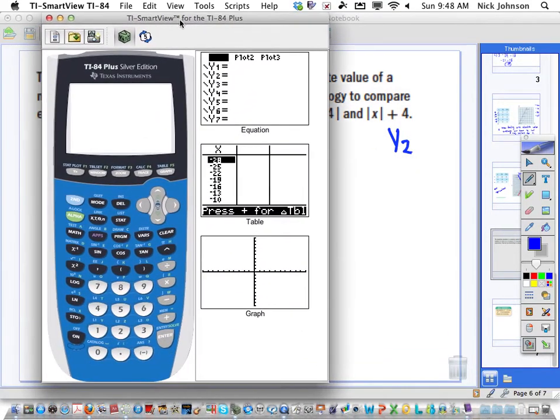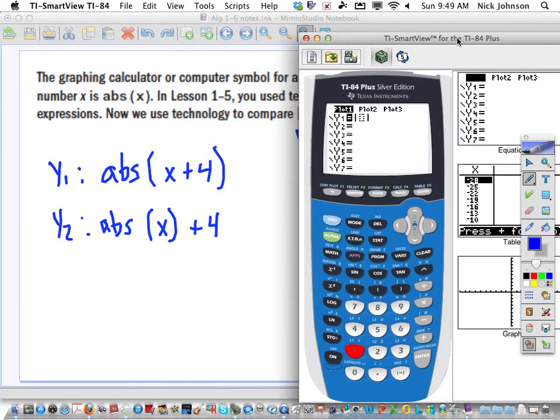Okay. So here we are. I'm going to press y equals. And absolute value is found under your math, arrow over to number. So you're going to press math, arrow over to number, just like that, and press the number 1. So remember, for the first one, I said you are going to put the x plus 4 in parentheses.